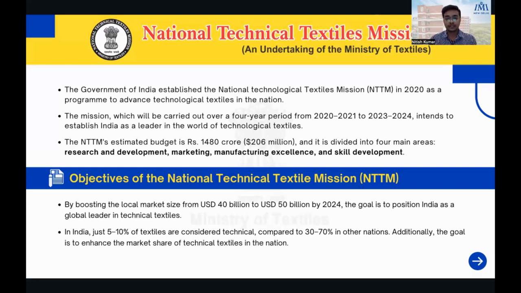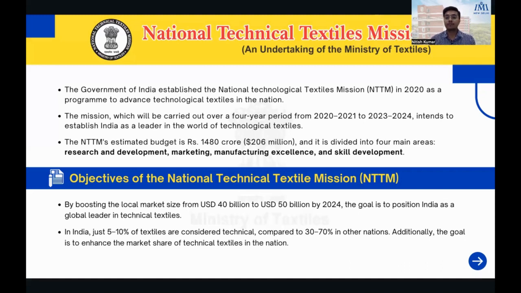The National Technical Textile Mission has several key objectives to position India as a global leader in textiles. First, it aims to increase the local market size from 40 billion USD to 50 billion USD by 2024. Secondly, it supports the Make in India initiative by promoting domestic manufacturing of relevant machinery and equipment.